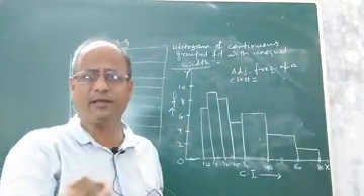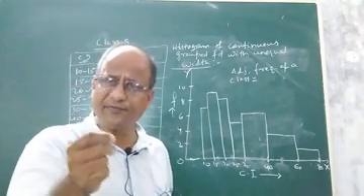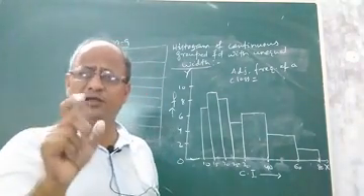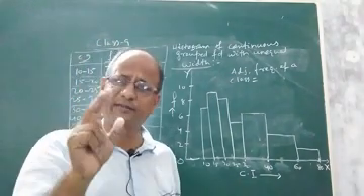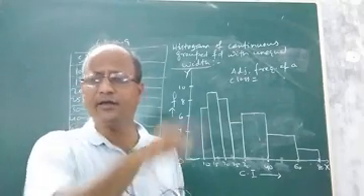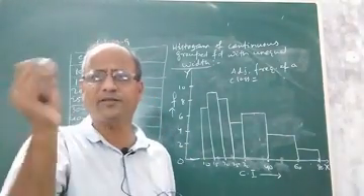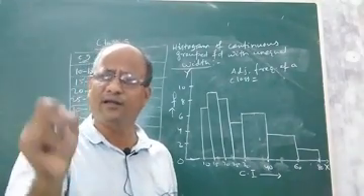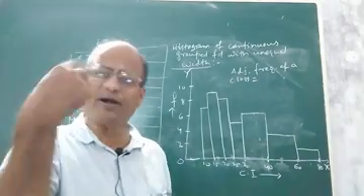Children, once again I am saying, when we need to adjust the frequency of a class or class intervals: suppose you are given a continuous frequency distribution, but you found that all classes are continuous but the width is not the same. In some classes, suppose the width is 5, like I have taken in the example, but in some other classes it is 10, 20, whatever it may be.